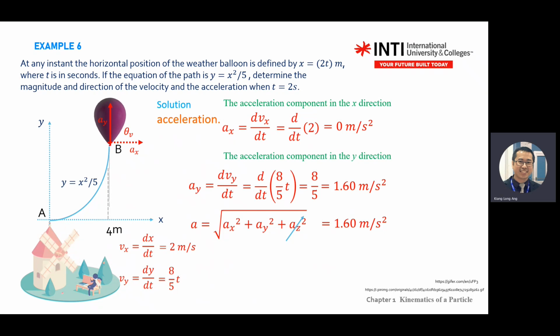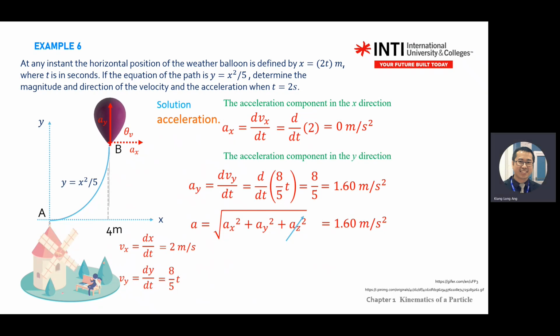Then you go back, you can overlap your diagram. Just now you drew velocity. You can overlap and add in Ax and Ay, or you can redraw a new one by adding Ax and Ay. You know that your Ax is 0, so there's no vector in the x direction. That's why I use a dotted arrow, to remind myself that actually there's no vector in the x direction.